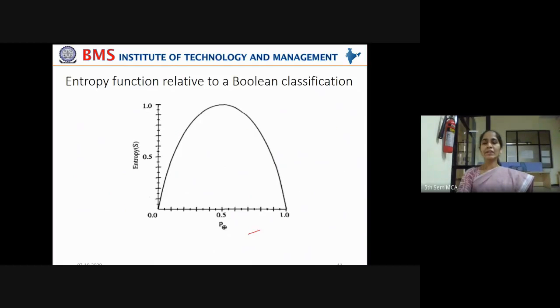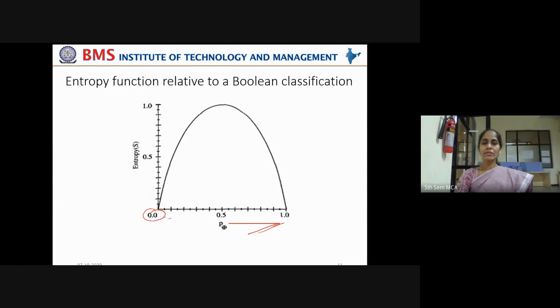So this is the picture which shows how the entropy value varies. Initially, when all the values belong to the same class, all positive or all the training examples negative, the entropy will be 0.